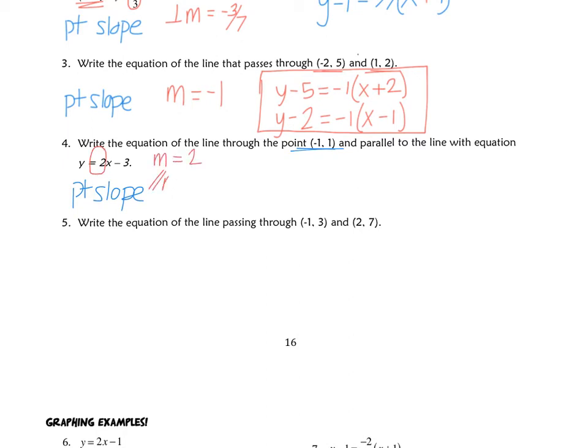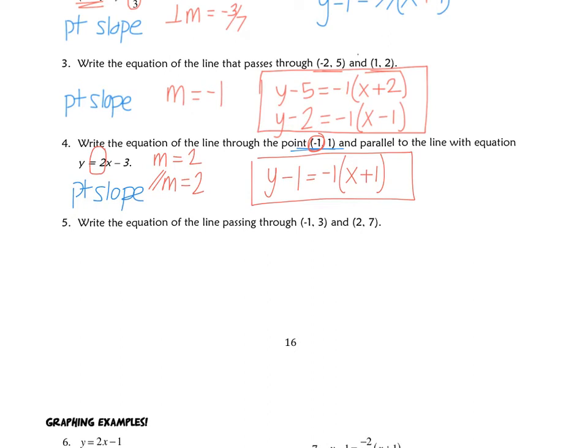What is the parallel slope? Well, parallel slope is the same, so it's also 2. Use my slope of 2 and my point of (-1, 1). So y minus 1 equals 2 times x plus 1. It's a +1 because you subtract a -1 as your x value. Really important that you understand that.